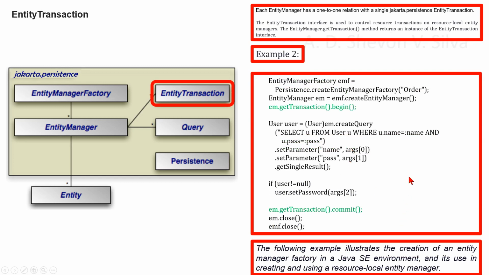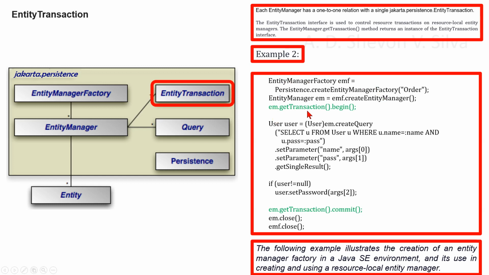As an example too, we can consider this code segment. The following example illustrates the creation of an entity manager factory in a Java SE environment, and it's used in creating and using a resource-local entity manager.